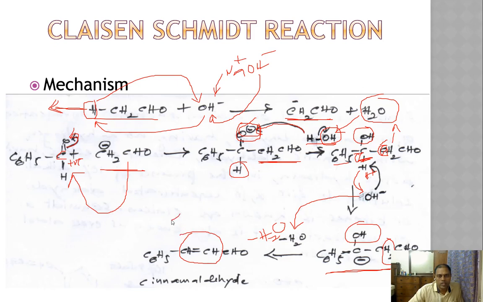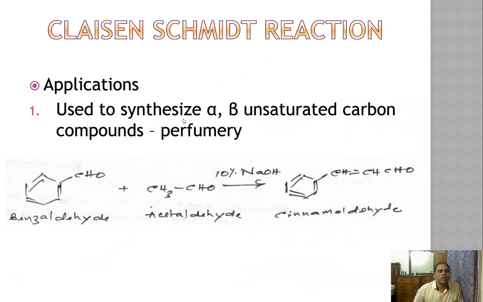That's how you get this product, an alpha beta unsaturated aldehyde. So here you are getting cinnamaldehyde from benzaldehyde and acetaldehyde. This is the reaction mechanism.